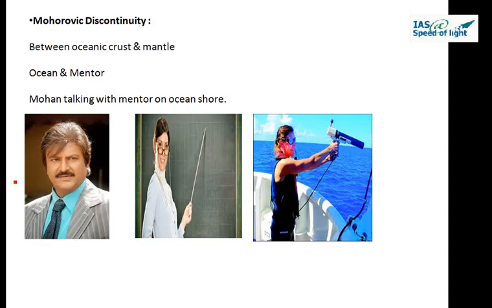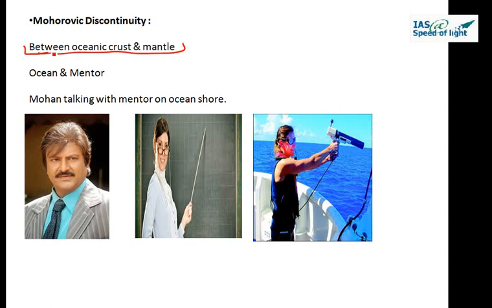So, starting with the Mohorovicic discontinuity. It is between the oceanic crust and mantle. Now we need a picture for each thing. That is how we have seen throughout the course that pictures are our best friend. So using pictures we remember things. Between the oceanic crust and mantle, let us define an image for each.